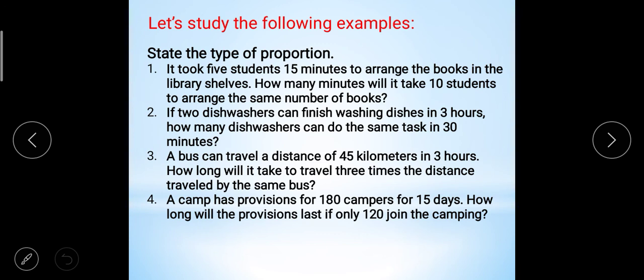Okay, so yung number of hours is bababa while the number of dishwashers is tataas. So pag ganun po, anong type of proportion yon? Direct and inverse.